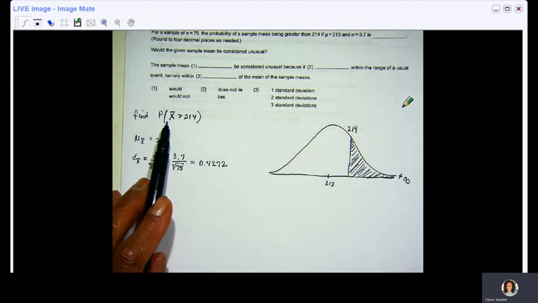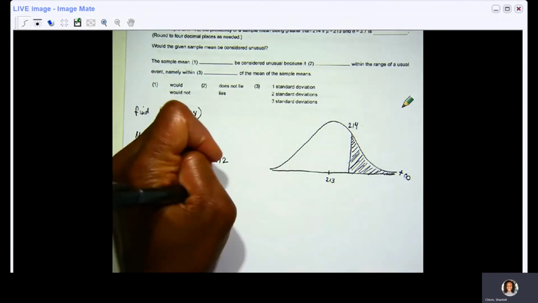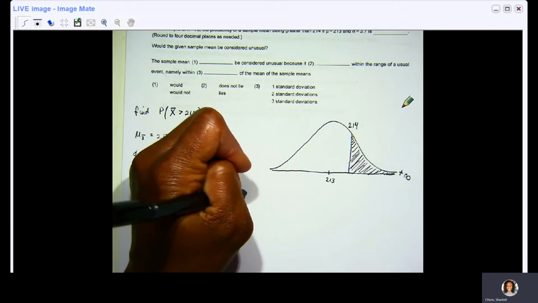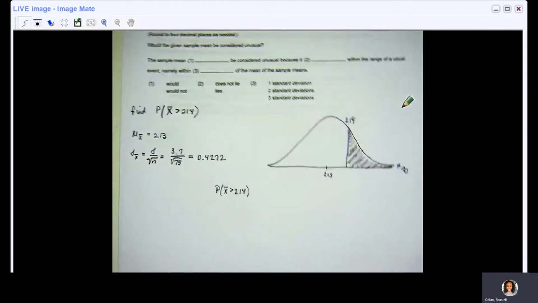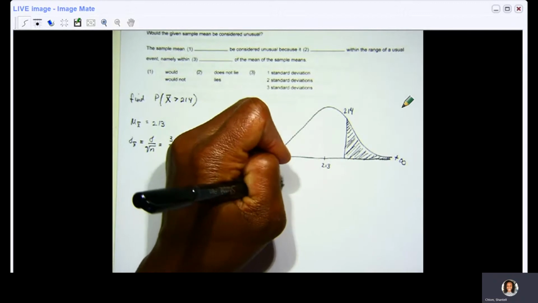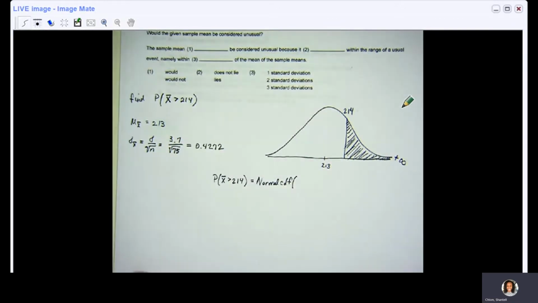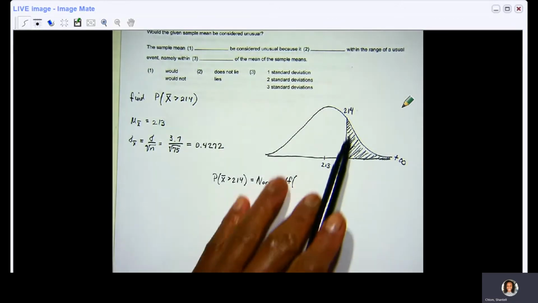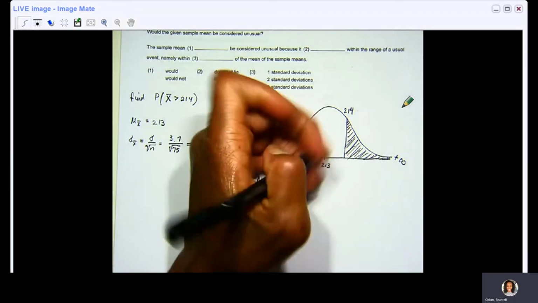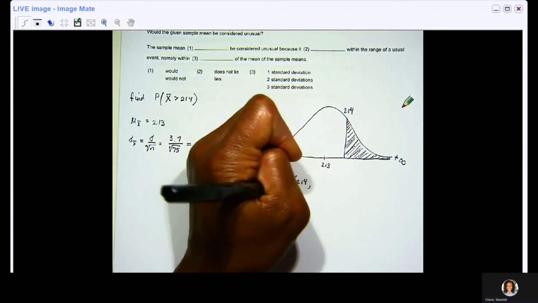So when I find the probability that x bar is greater than 214, I'm going to use normal CDF, and I'm going to put in my lower bound and upper bound in the correct spots. My lower bound is my left side bound. This region that's shaded is bounded on the left by 214.